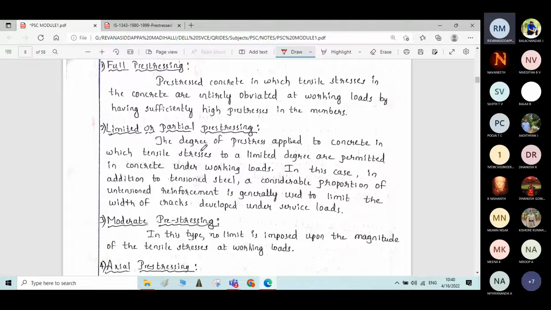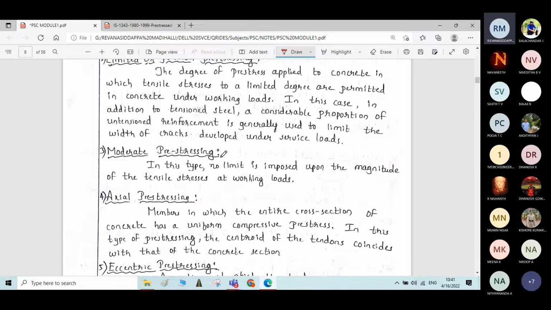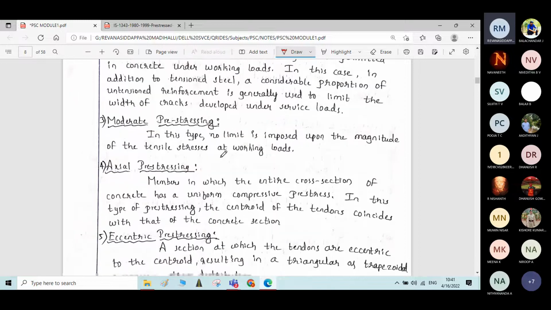Then coming to partial prestressing or limited prestressing, a partial amount of stresses will be contracted by this prestressing force. If a partial amount of stresses caused by dead load and live load is contracted by these prestresses, then it is called partial prestressing.